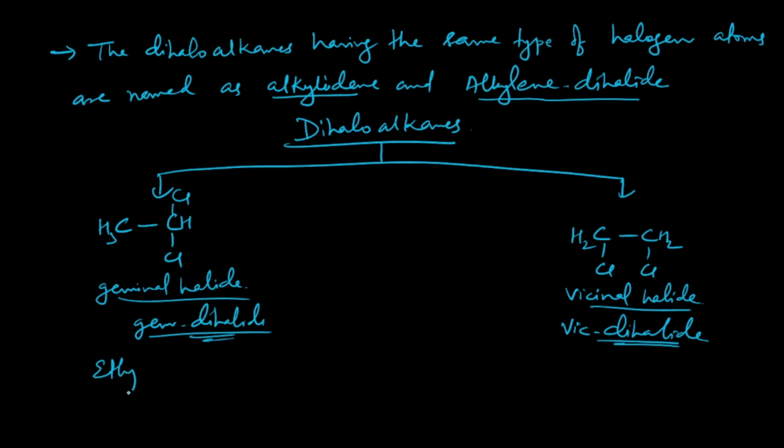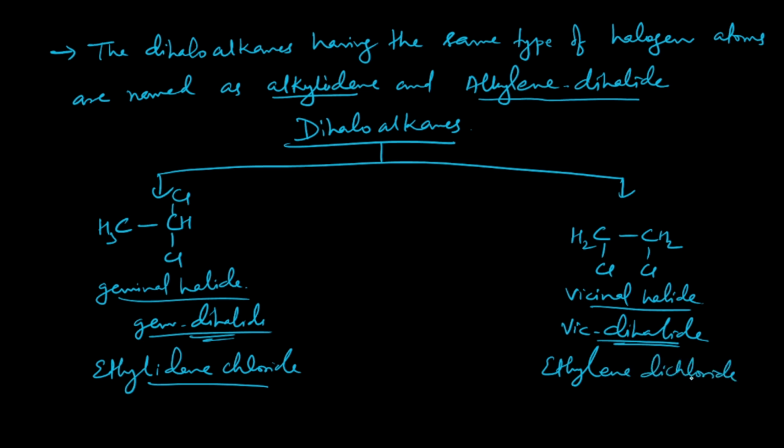This is your ethylidene chloride, and this one is ethylene dichloride. Alkylene and alkylidene: alkylidene means geminal, alkylene means vicinal. Got it?